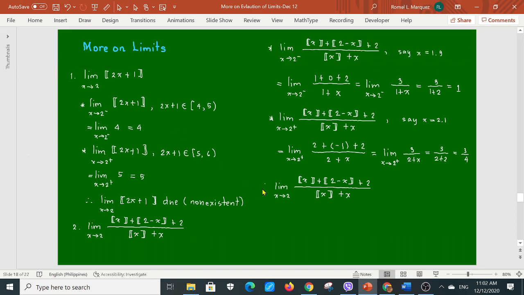So therefore, we conclude that this limit does not exist, no? There are books, especially in Europe, that normally use non-existent instead of does not exist. Non-existent.